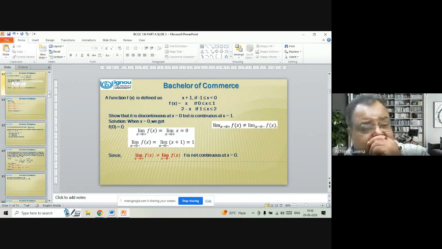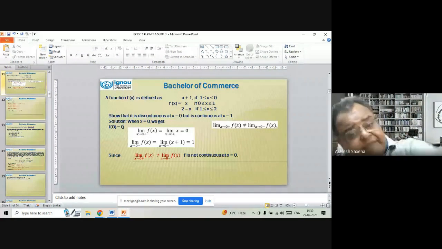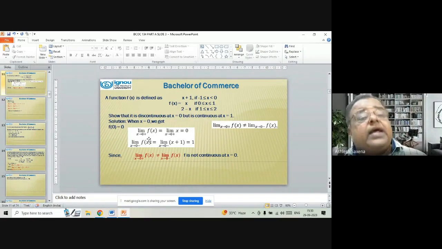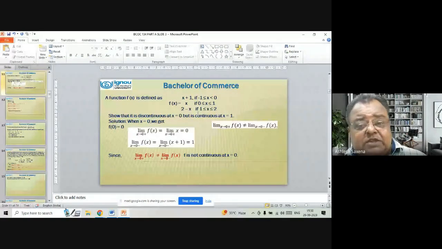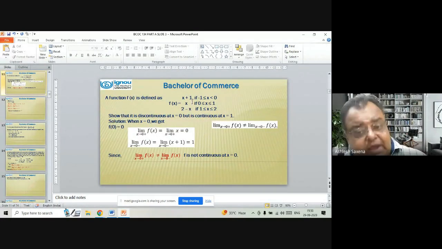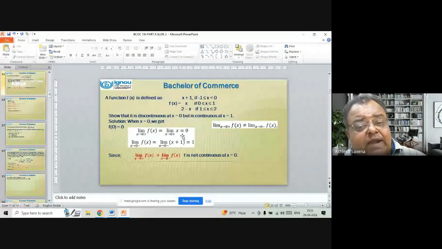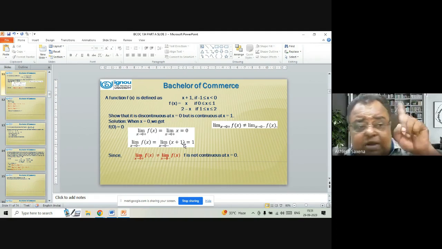Now we will be moving to the right hand limit and left hand limit. Here we are taking the right hand limit because we are taking x tends to 0 plus. 0 plus is here. Again you are going to get 0, and where it is 0 negative, 0 negative is here on the left side of 0. That means we will be taking this function x plus 1. When we apply the limit x tends to 0 to x plus 1, we are going to get 1.